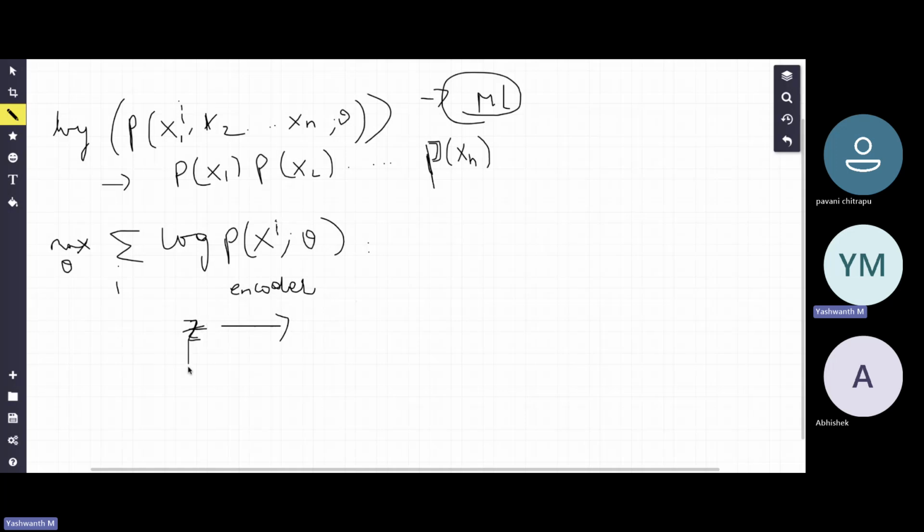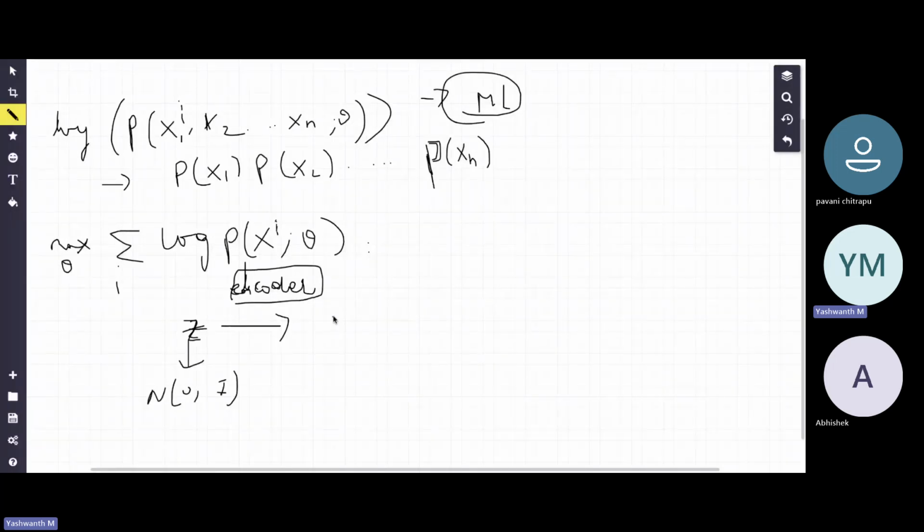This z can be any known distribution, such as normal 0 to I, and our aim is to fit a model called the decoder, and it should output a distribution.